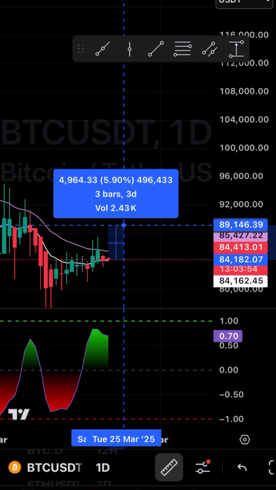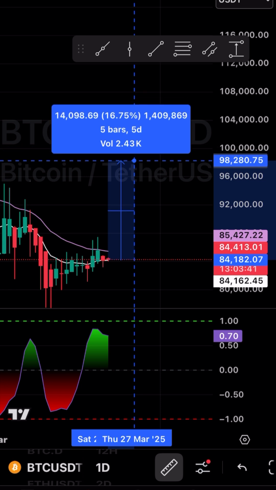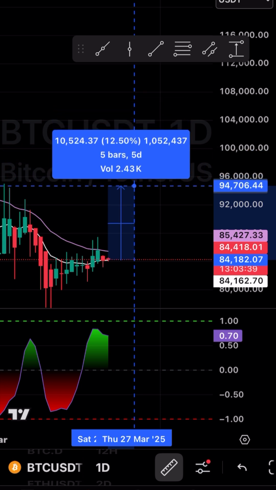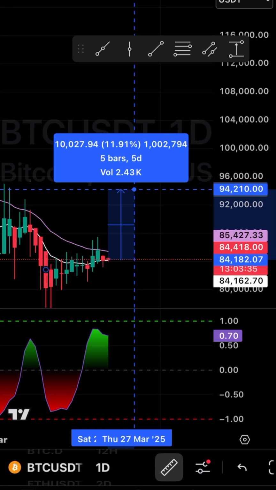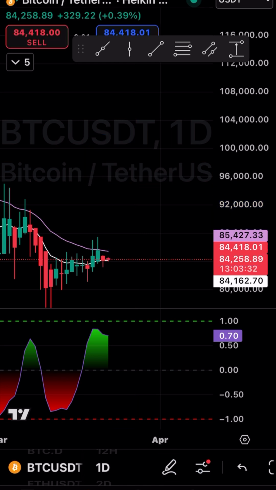So basically, that is a big move. That is a big difference. Just going by 0.02, that's a big difference there. This was at 0.02 to make 100. And this was at 0.01. So just keep that in mind.